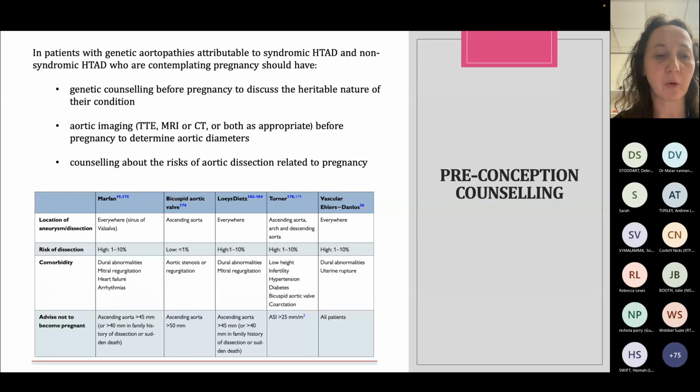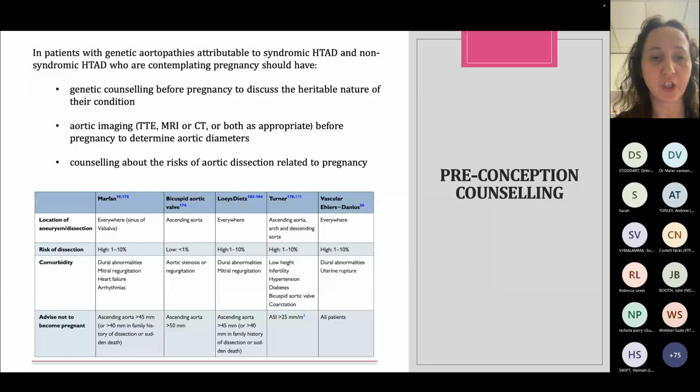And when we talk about the risk, I put here the table with the most common conditions. As you can see, the risk of the aortic dissection varies between 1 and 10%, and the risk is the highest in vascular Ehlers-Danlos patients, in whom we actually advise against the pregnancy, as the risk is substantial.